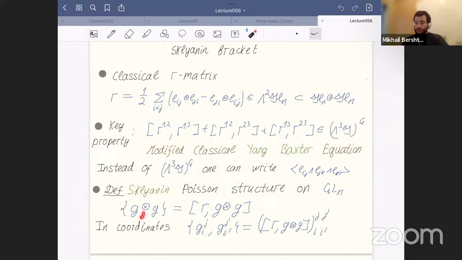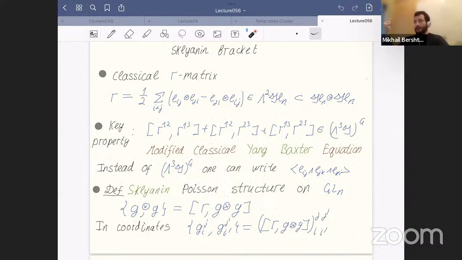Maybe strange notation: comma and tensor product means that we consider the matrix of the size n squared times n squared. So we consider the tensor product of these two matrices, but instead of multiplication, if we take the tensor product of two matrices, the matrix elements of the result are products of the matrix elements of the first and second factor.